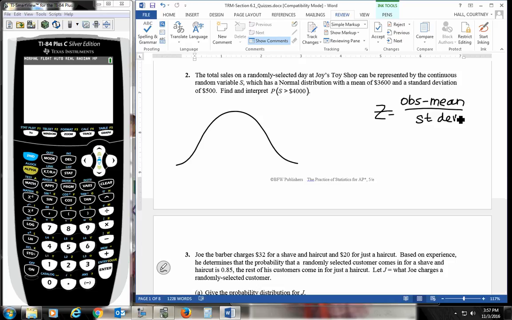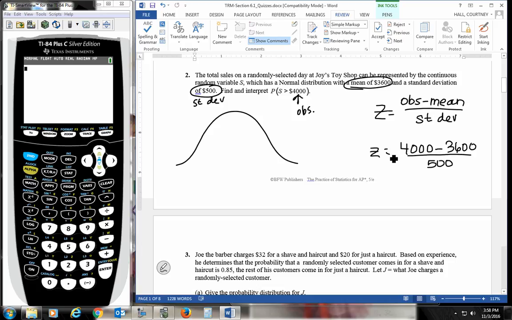We have an observation at 4,000, a mean of 3,600, and a standard deviation of 500. So we're going to say 4,000 minus 3,600, divided by 500, and that's going to give us our z-score. When you work that out, you should get 0.8 for a z-score.